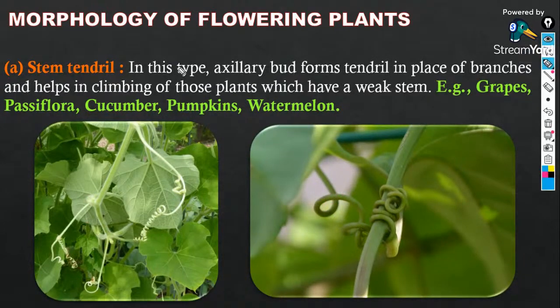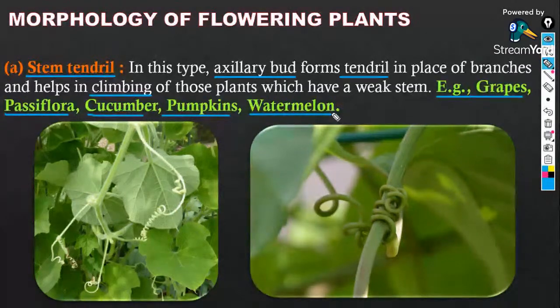Stem modification only. Okay, so let's move forward. First is the stem tendril. It helps in the process of climbing.